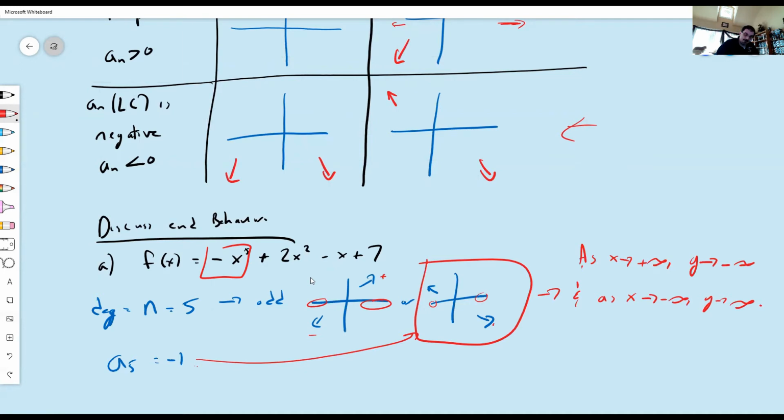Or you could just say up left, down right. So those are two ways of saying the same thing. Fancy, with all the x's and y's and infinities, or just that way.